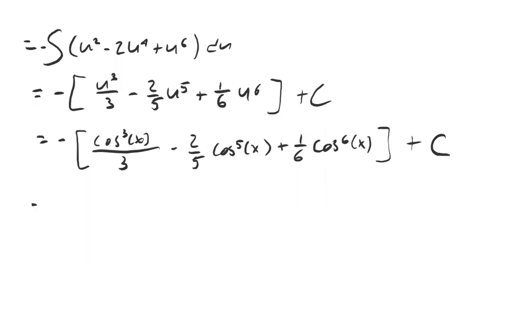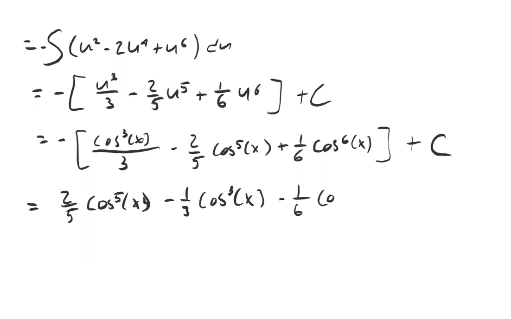And just distribute that minus sign, and we're going to get 2/5 cosine to the fifth of x. Write it in, leading factor is positive. Minus 1/3 cosine cubed of x minus 1/6 cosine to the sixth of x plus your arbitrary constant. And that takes care of that.